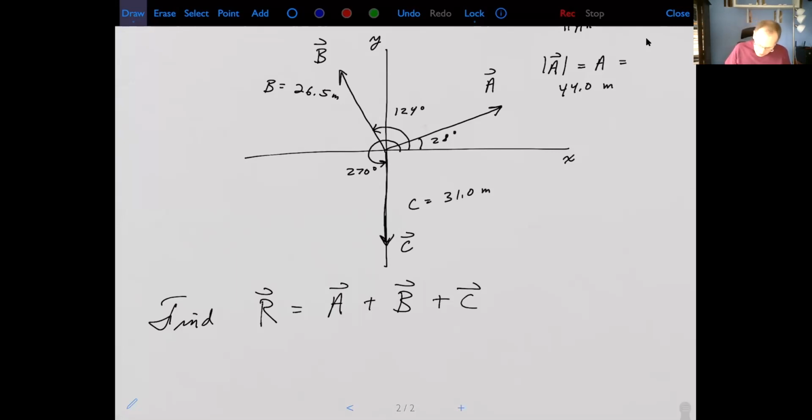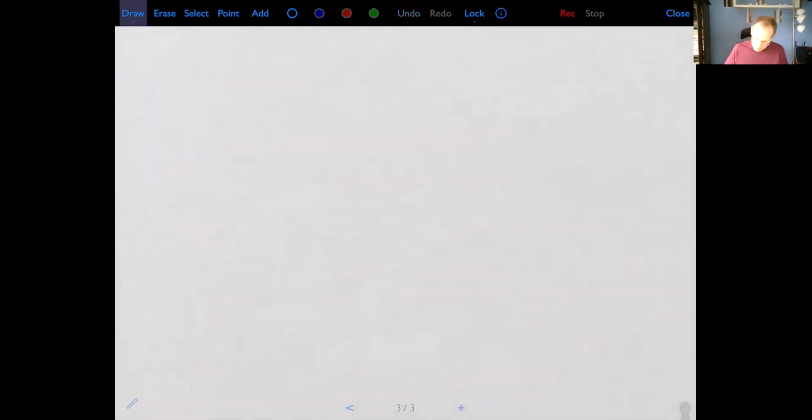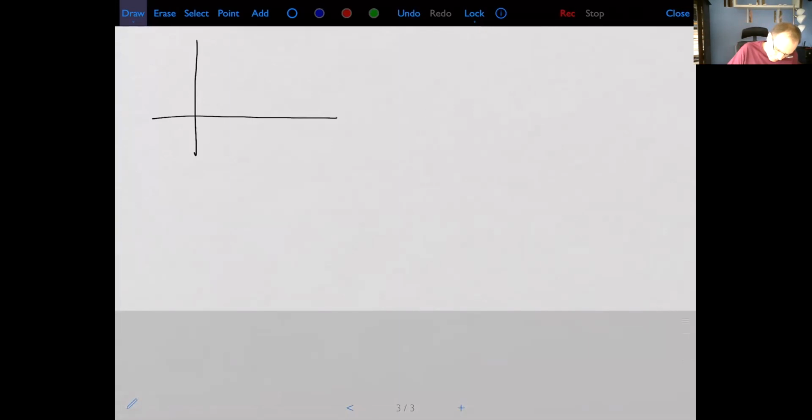All right, so let's start with A here. What I'm going to do is draw A separately in a coordinate system. I know that its magnitude is 44.0 meters.